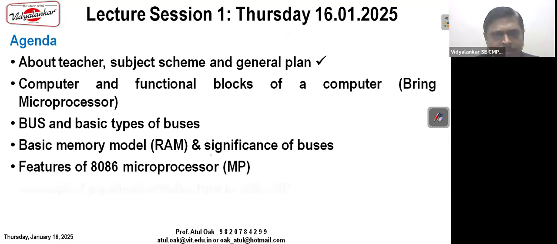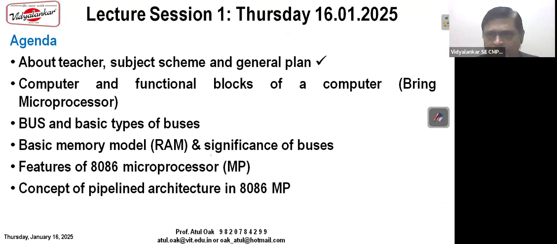So if all is good, then you can respond in chat box with a magic word YES. Whenever I want to test how much you are alert, if I'm reaching you, I will tell you to type YES, which means that all is well. And most of the communication we will do by chat box. You can unmute for any query or for any specific reasons, but avoid, because if all starts unmuting, then it will be a difficult situation.